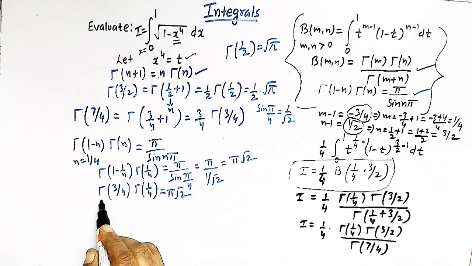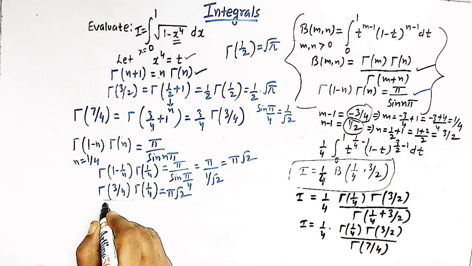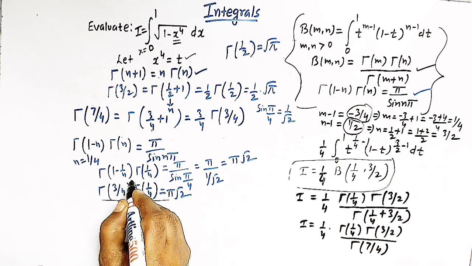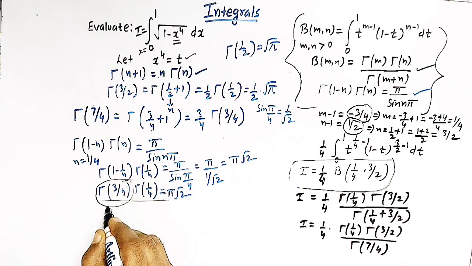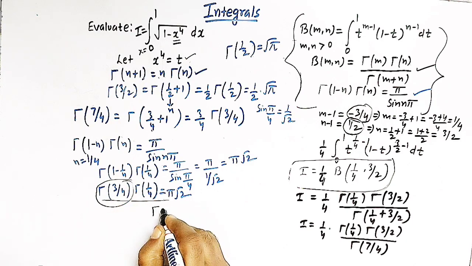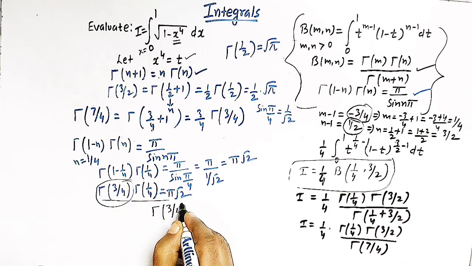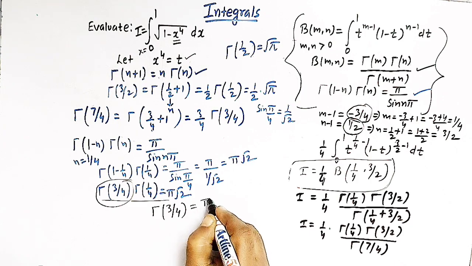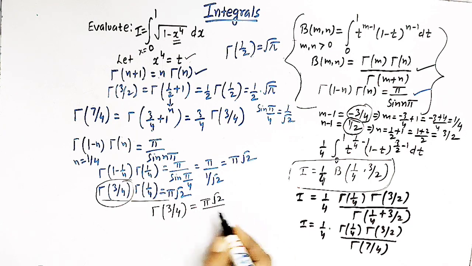So now from this relation, we can write the value of gamma 3 by 4. So gamma 3 by 4 is equal to pi root 2 divided by gamma 1 over 4.